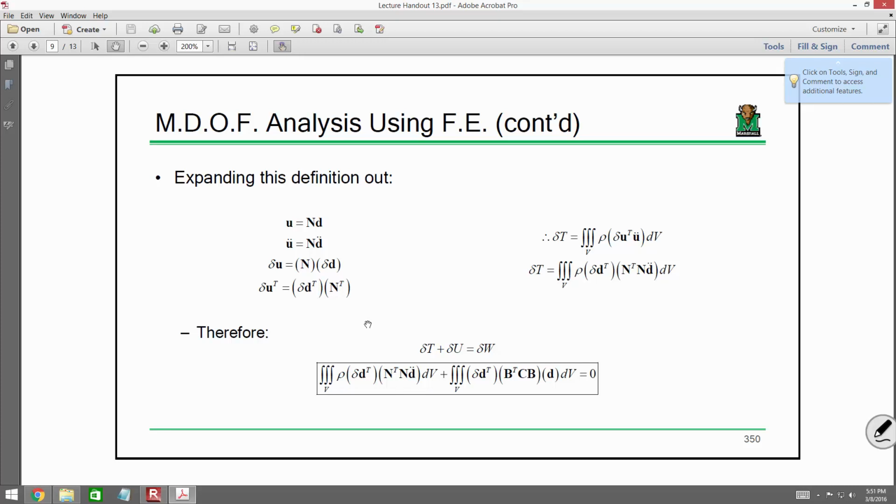So how did I get from here to here? It's just plugging this stuff in. Then I go back to my original expression, take this, put it down there, take my original expression for stored strain energy. My external work has to equal 0. There's that. Does that make sense? All right.